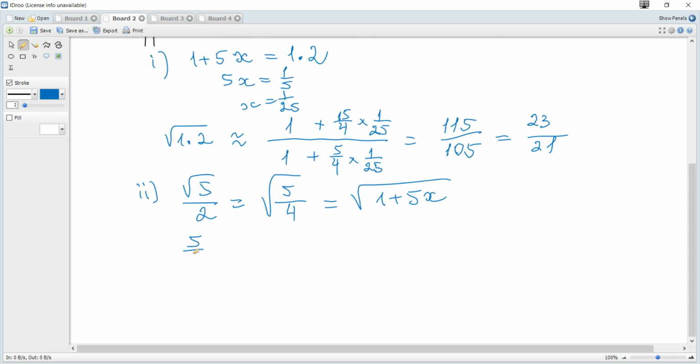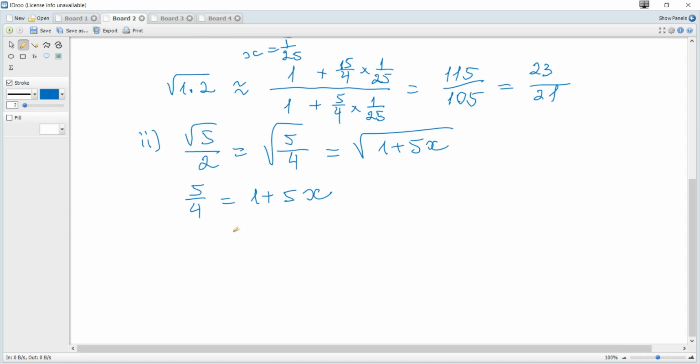So 5 over 4 is 1 plus 5x, and it's 4 over 4, so it's 1 over 4 is 5x, x is 1 over 20.